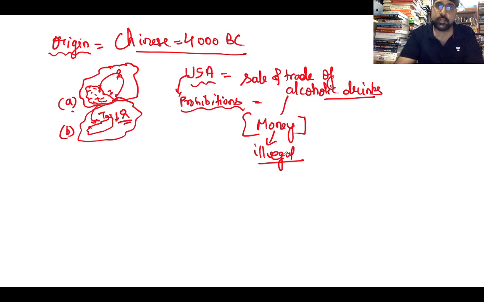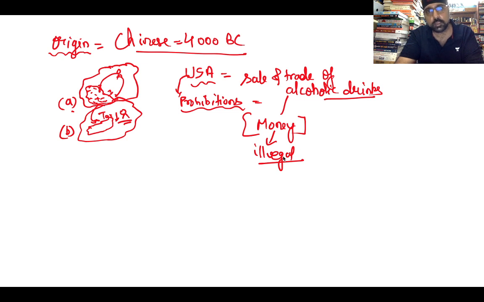So they had to find channels, mechanisms, so that they could circumvent and do something with this money so that they could legally use it. But don't forget that the origin of this money was an activity which was prohibited, an activity which was illegal.